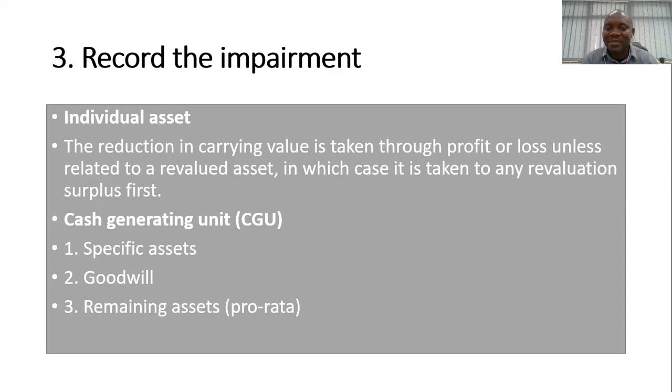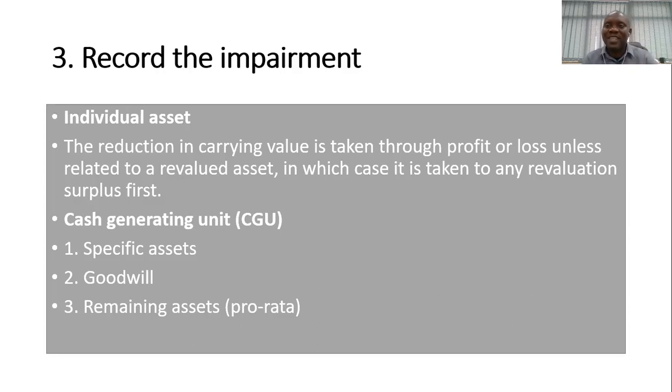The reduction in carrying value is taken through profit or loss unless related to a revalued asset, in which case it is taken to any revaluation surplus first. So the cash generating units of the specific assets, goodwill, remaining assets, you can use pro rata.